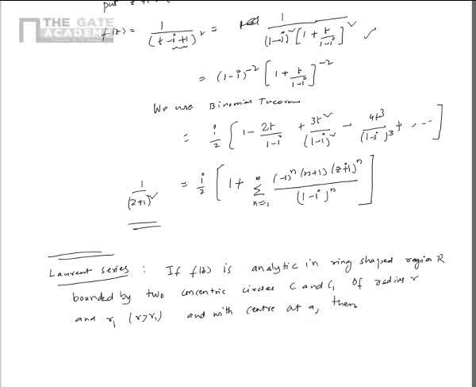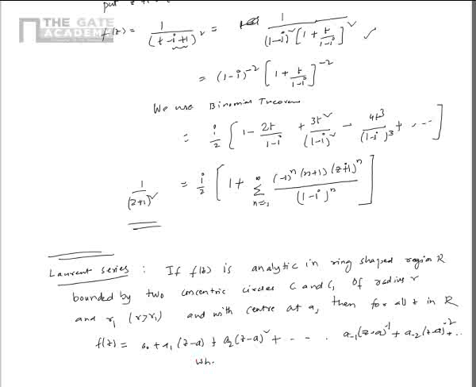Then for all z in the region R, I can write f of z as a0 plus a1 (z minus a) plus a2 (z minus a) whole square, and so on, plus a power minus 1 (z minus a) whole power minus 1 plus a minus 2 (z minus a) whole power minus 2. So these are just similar terms.